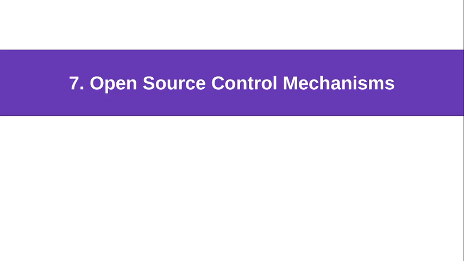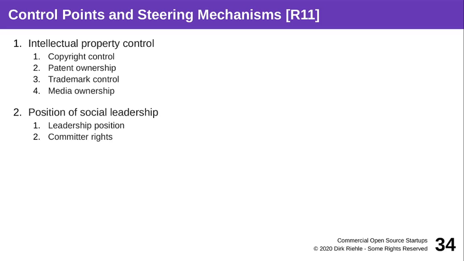Whenever you use such a control mechanism, the consequences could be that people notice and are upset about it. So arguably, choose wisely. So with that, the control points and steering mechanisms in open source that I'm aware of are these 6.